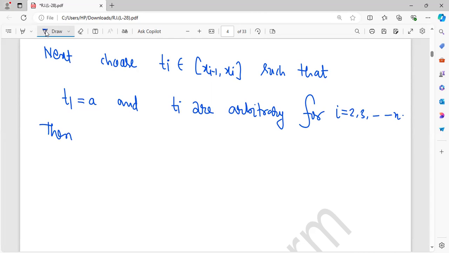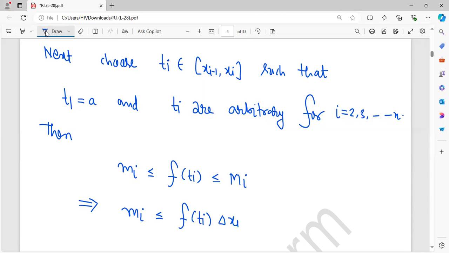Then mi is less than g(ti), which is less than capital Mi. This implies mi delta xi is less than g(ti) delta xi, which is less than Mi delta xi.